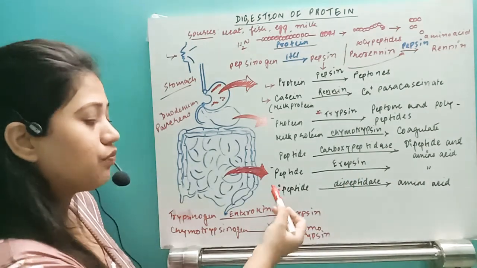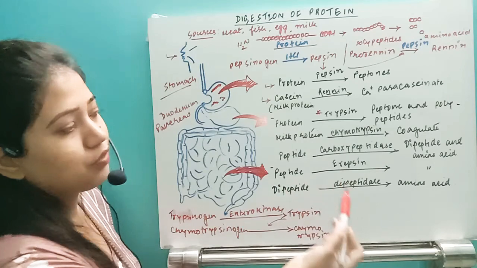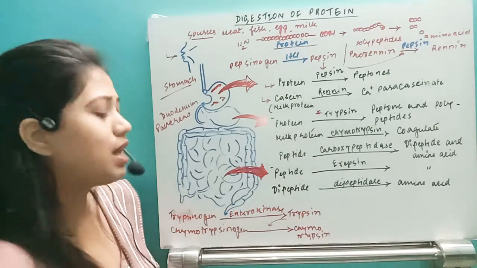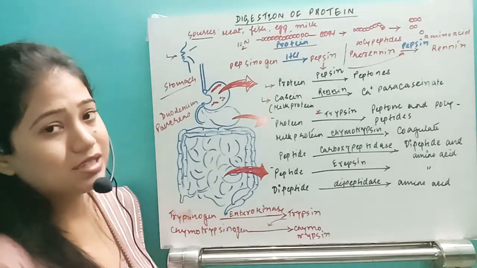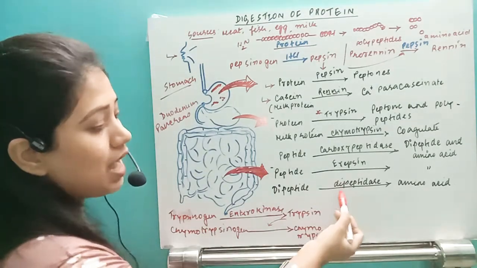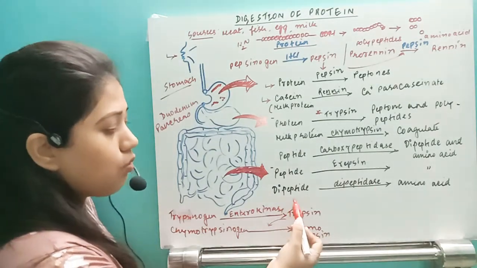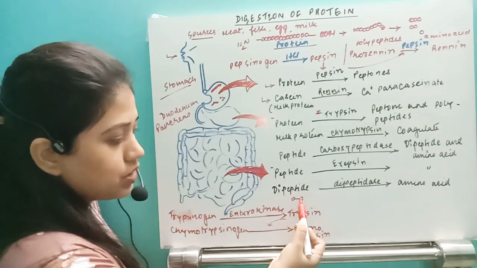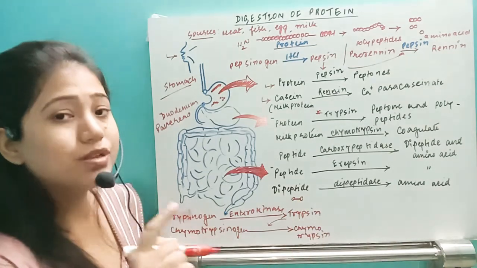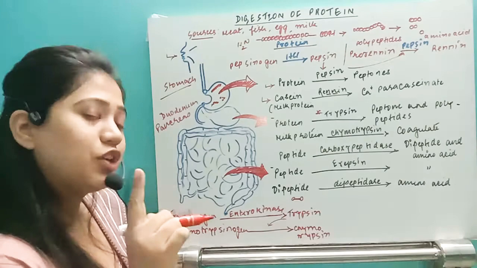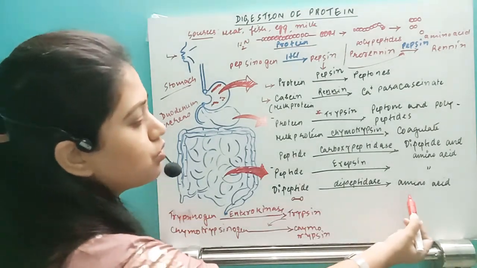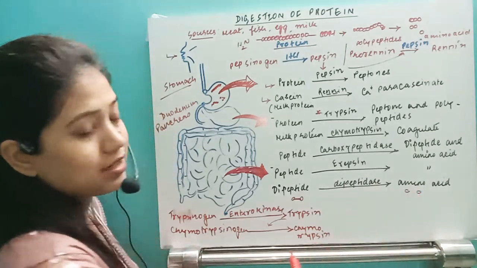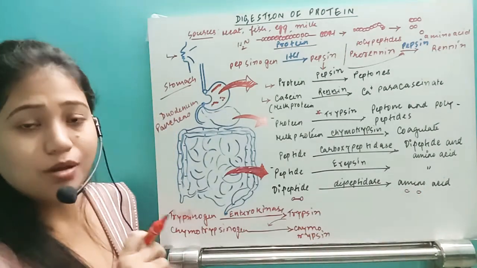So erepsin will work on the peptide and convert it into dipeptide and amino acid, and the same crypts of Lieberkuhn release the last enzyme, that is dipeptidase, which will work on the dipeptide which is attached by means of one peptide bond. It will hydrolyze that peptide bond and convert it into the amino acid, that is the unit of the protein.